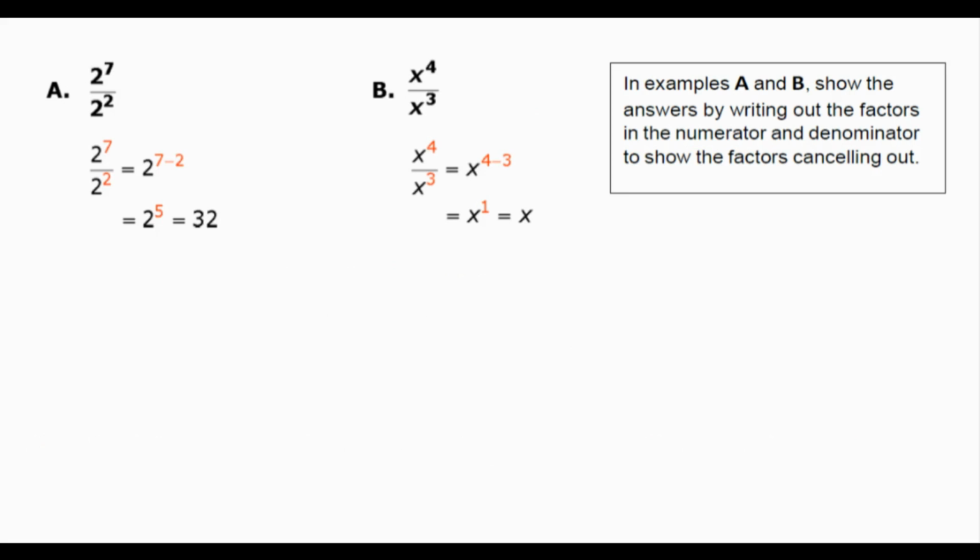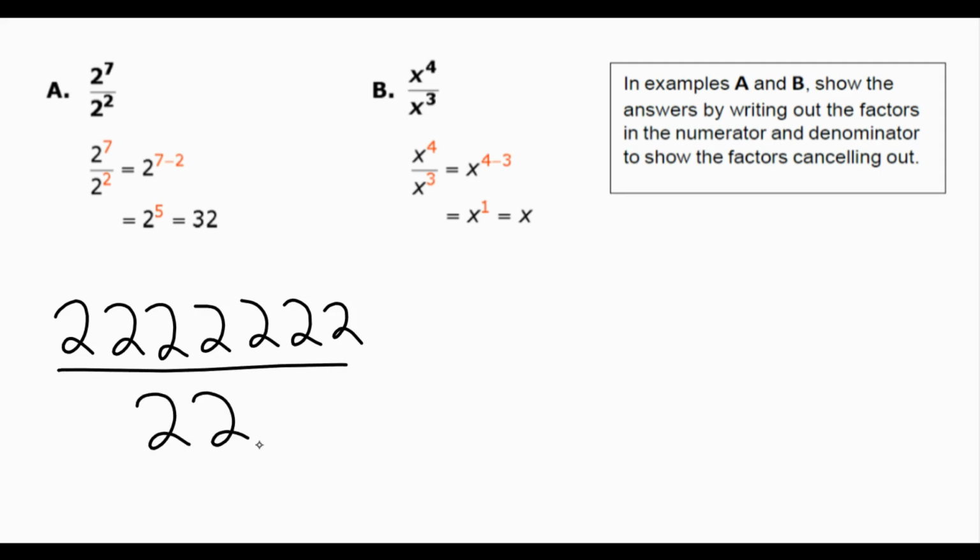Looking at a few more examples, if I have 2 to the 7th divided by 2 squared, again I'd have 7 2's in my numerator, and then I'd have 2 2's in my denominator. I'd cross off a grouping of 2's, leaving 5 2's in my numerator, which is 2 to the 5th. Again, an easier way to do it, 7 minus 2, 2 to the 5th.